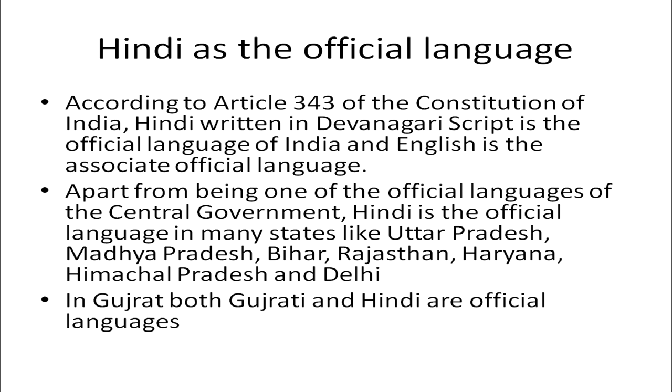Now, this situation exists, or rather to say similar situations exist in other states also, like for example, in Delhi, apart from Hindi, Punjabi and Urdu are considered to be the official languages. Similarly, in Uttar Pradesh, Urdu is considered as another official language. So, you can see that in some states, along with Hindi, there are other languages accepted as the official language of that particular state.